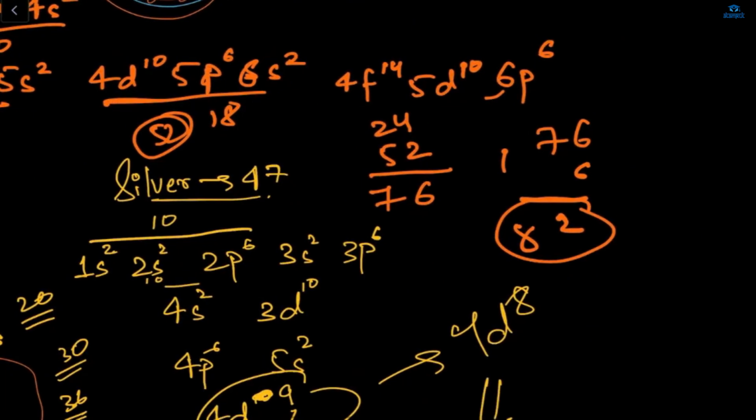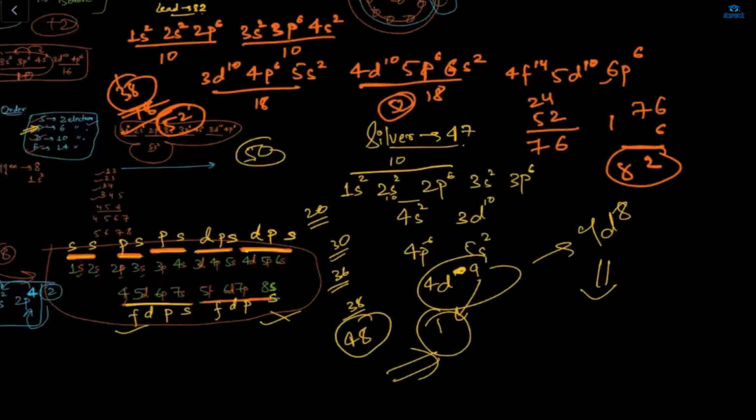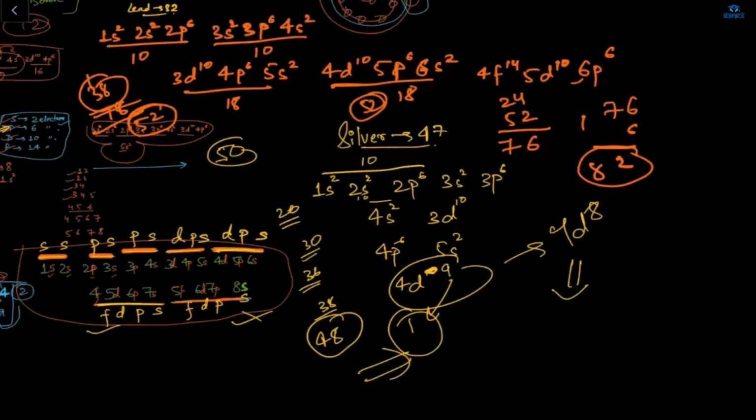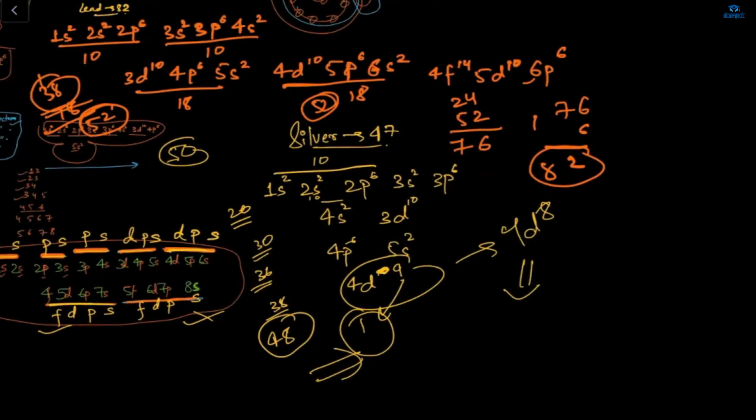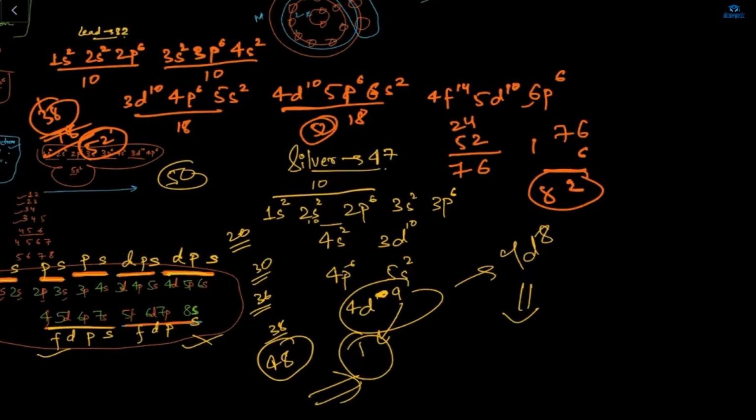No, why minus one? One minute. I wrote somewhere that... 4f14, this part is correct now. Ma'am, P is basically the L shell, right?